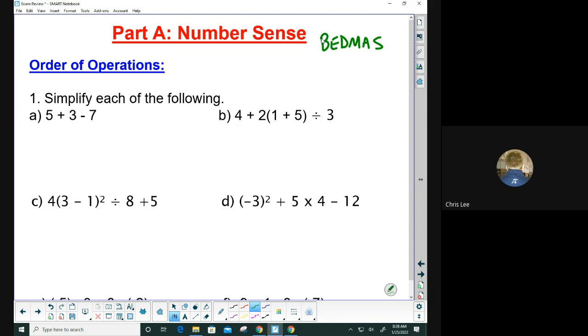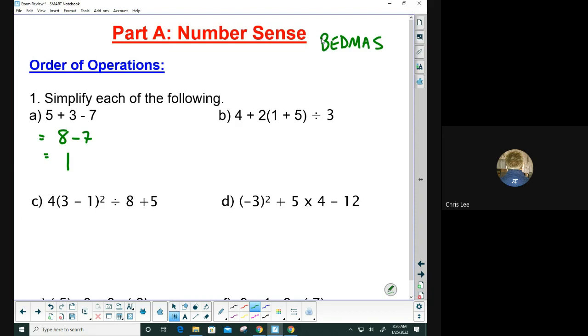No. Any multiplication or division? No. So we're just going to add or subtract in the order that we see them. So I would just do the first addition. 5 plus 3 is 8, and then minus 7. 8 minus 7 is 1. Now you might do it all at once. That's totally fine. And we get 1.